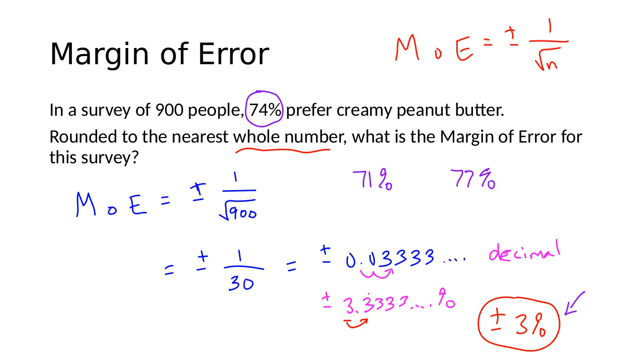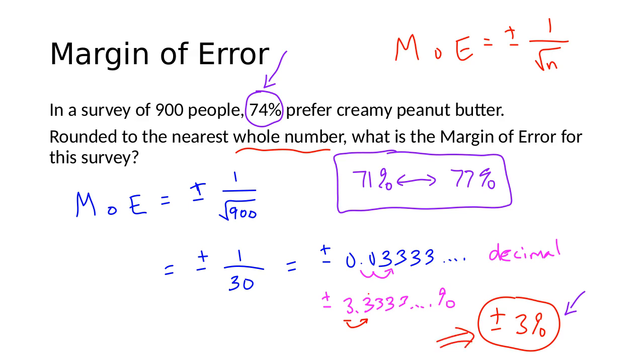And so what this poll result tells us is we can be confident that between 71% and 77% of the people surveyed prefer creamy peanut butter. The way we got there was we had 74% from the survey, and then we calculated the margin of error to be plus or minus 3%. So we go 3% in each direction, and that gives us the range that the actual percentage would be.